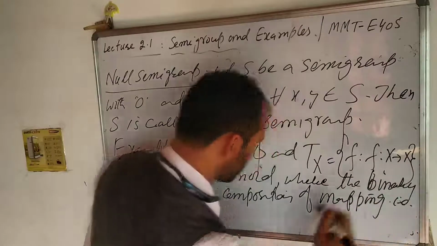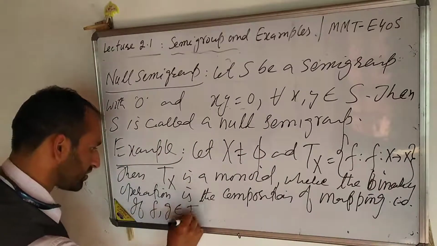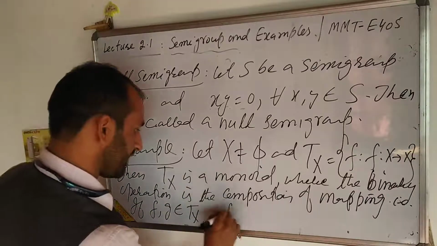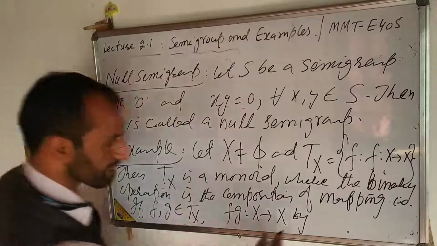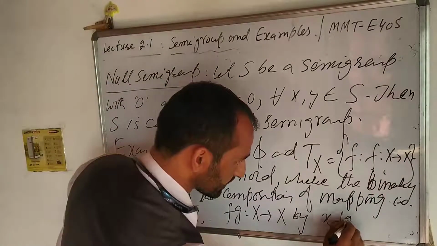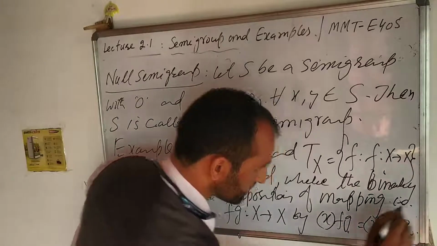That is, if f, g belong to Tx, we define fg from X to X by x(fg) is equal to (xf)g.